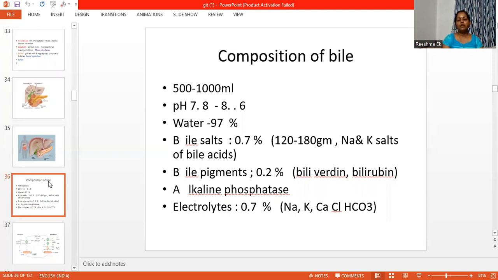The amount of water present in the bile is about 97%. And it contains bile salts, bile pigments, alkaline phosphatase, and electrolytes such as sodium, potassium, calcium ions, chloride ions, and HCO3 minus ions. The bile pigments are biliverdin and bilirubin.